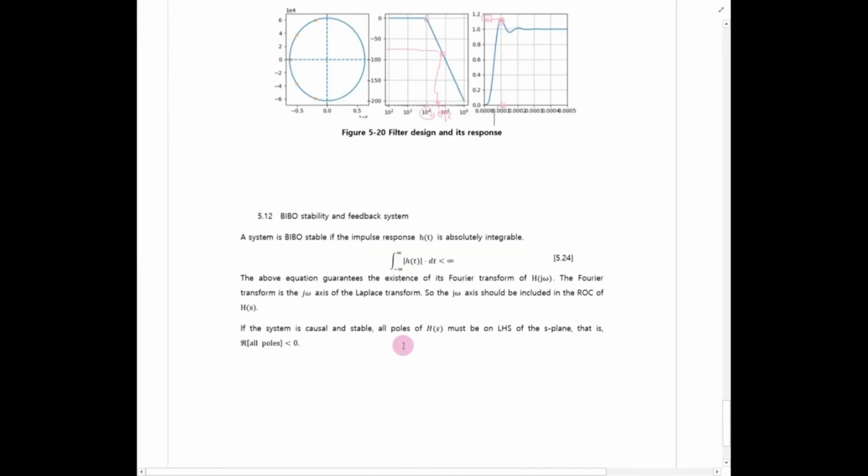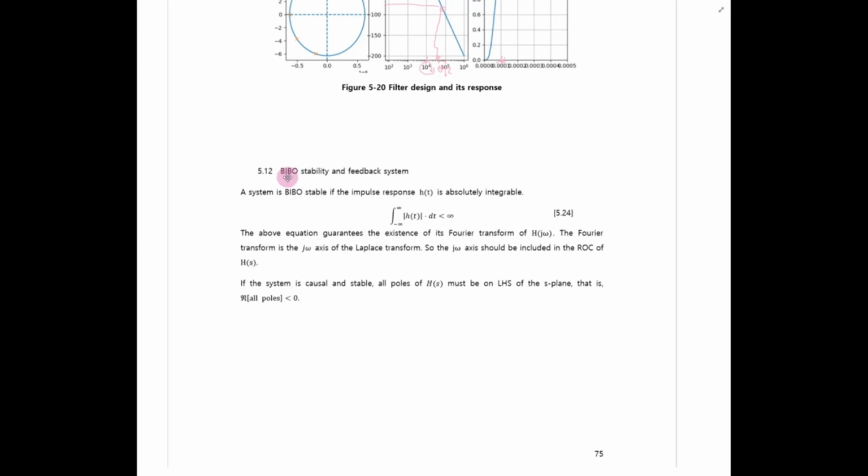And lastly, we talk about BIBO stability. BIBO stability means that for a bounded input, a bounded output will come out. So this is related to stability. Bounded input, bounded output stability means that if a bounded input is applied to the system, then the system output will be bounded.